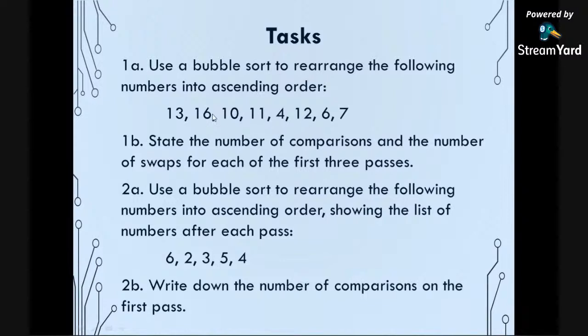Rearranging these numbers into ascending order, obviously we can just go, oh, well, 4 is the least, 6 goes above that, 7 goes above that, and then 10, then 11, and 12, and 13, and 16. Easy, right?